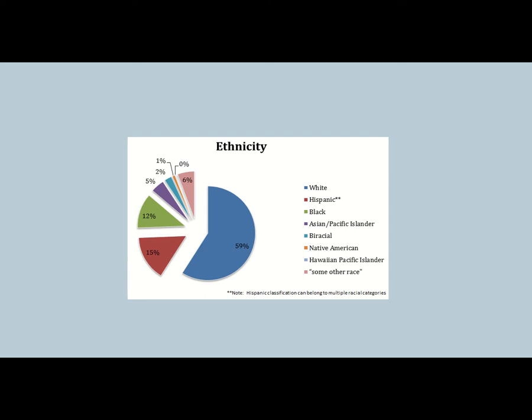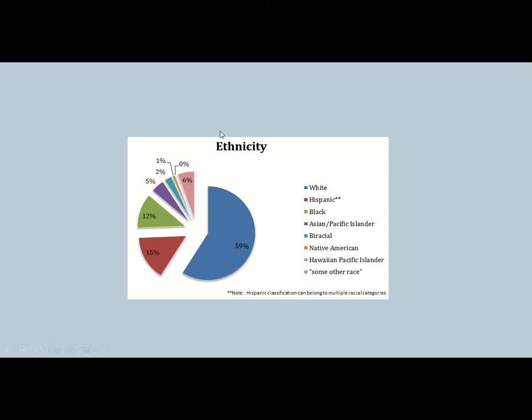So in my sample, in order to be representative and generalizable, well, I'll say representative, not generalizable. Generalizable is different, but for representative, I would hope that 59% of my sample would be white, because 59% of the population that I'm studying, the United States, is white.